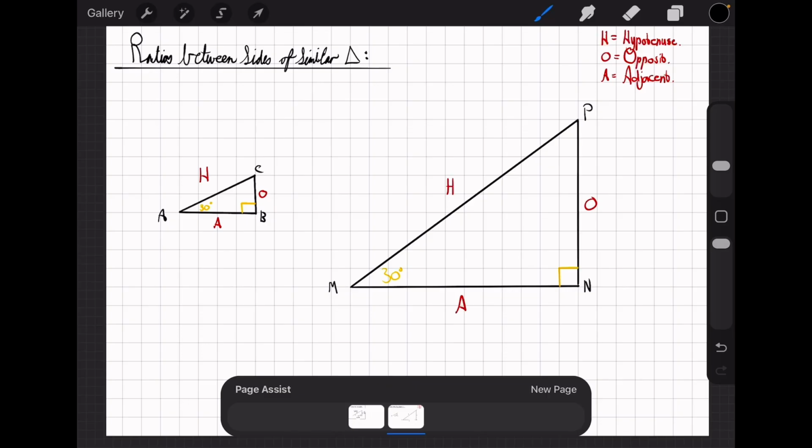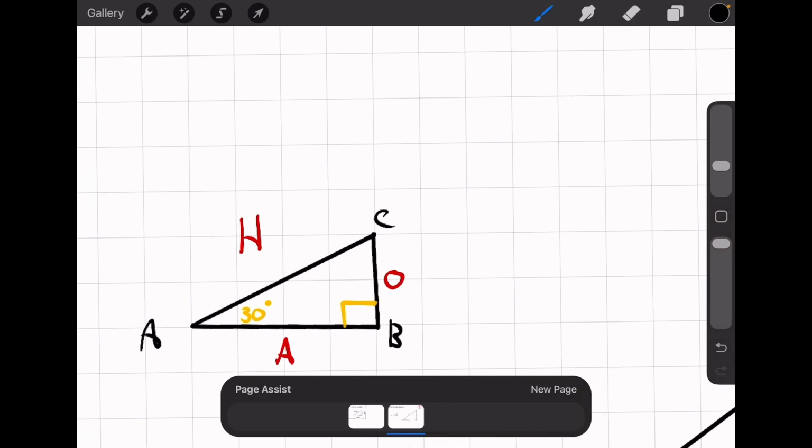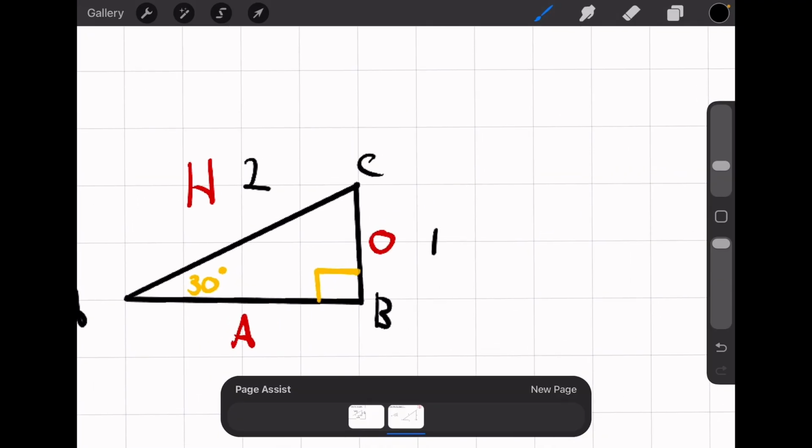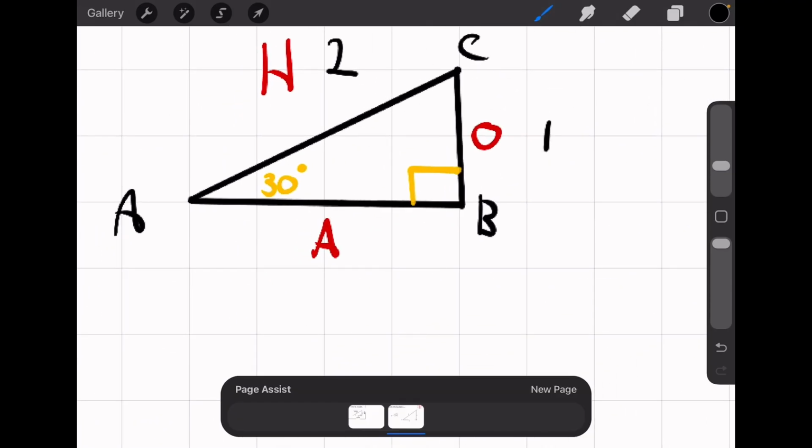Ratios between the sides of similar triangles. As an example, consider the following two triangles. In the smaller triangle ABC, the hypotenuse is equivalent to 2, the opposite side is equivalent to 1, and the adjacent side is equivalent to the square root of 3.